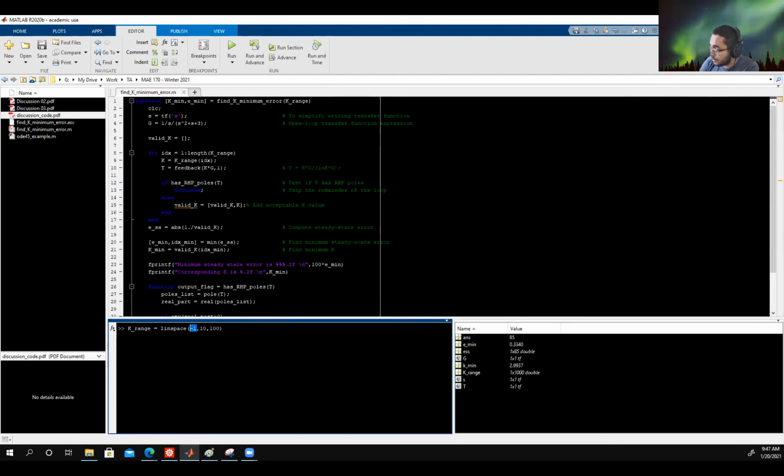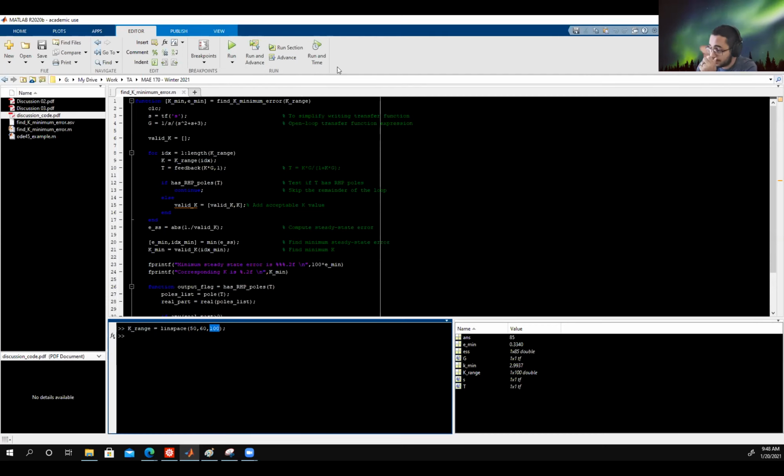So let's do instead from 50 up to 60, or we want a total number of 100 elements in this range. So linspace takes in 2 numbers and returns a vector that is equally spaced, starting at 50 and ending at 60, and has this many elements.